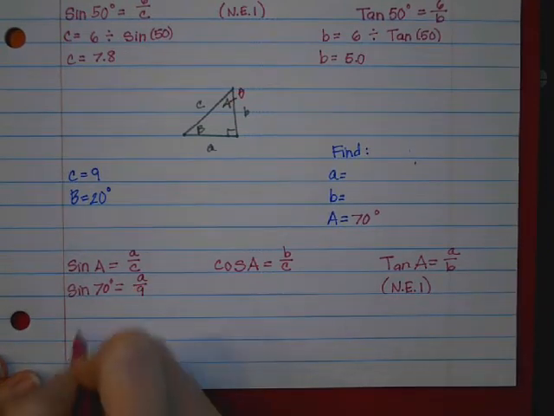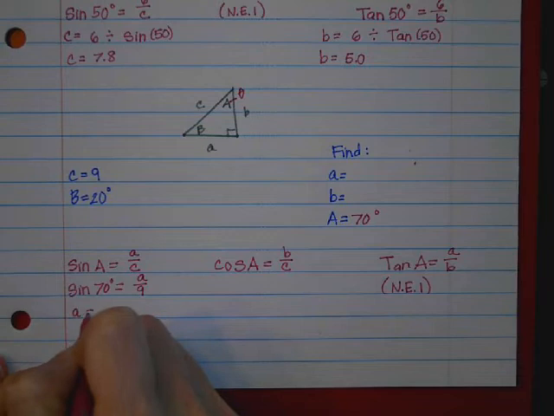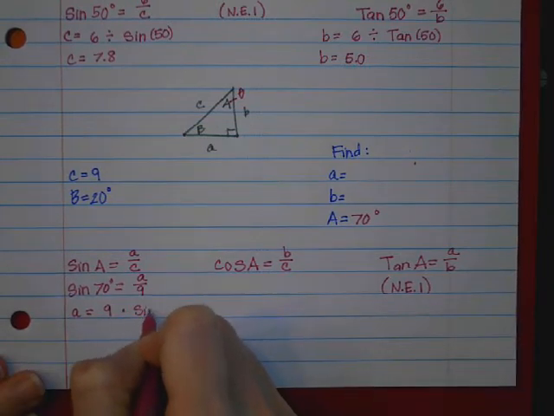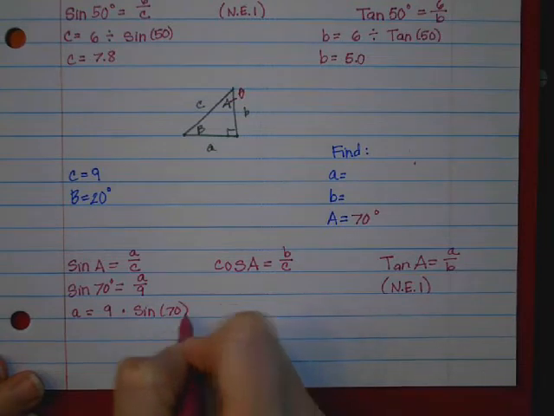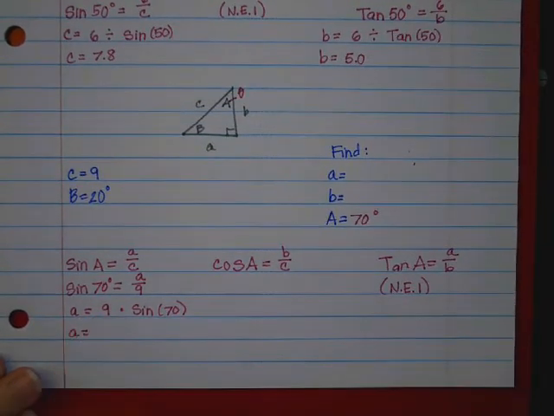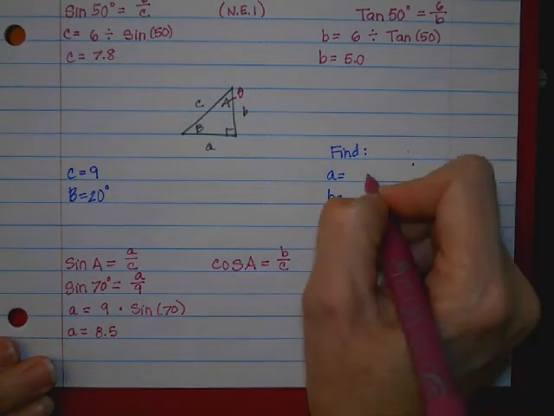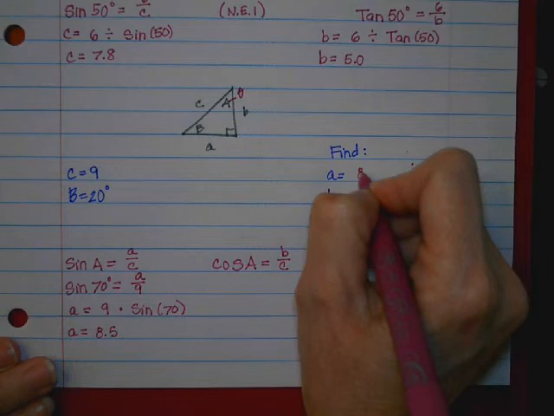So, Connor, what do I multiply to get this little a? Correct. 9 times the sine of 70. So, I put that in my calculator and then round to the nearest tenth. So, 9 times the sine of 70. Round to the nearest tenth, I will get 8.5. So little a is equal to 8.5.